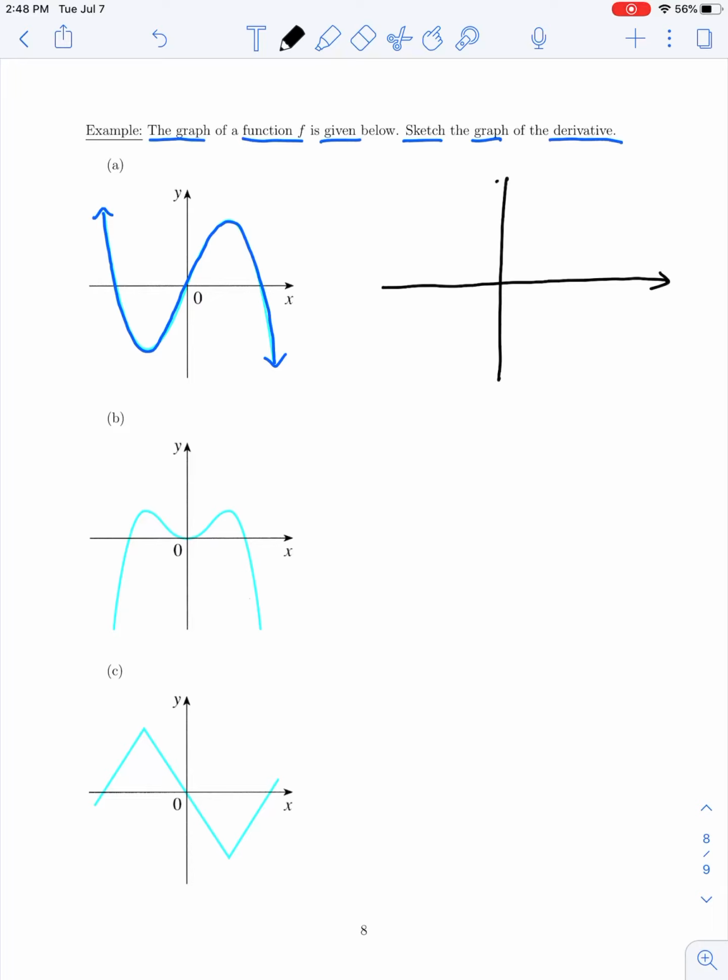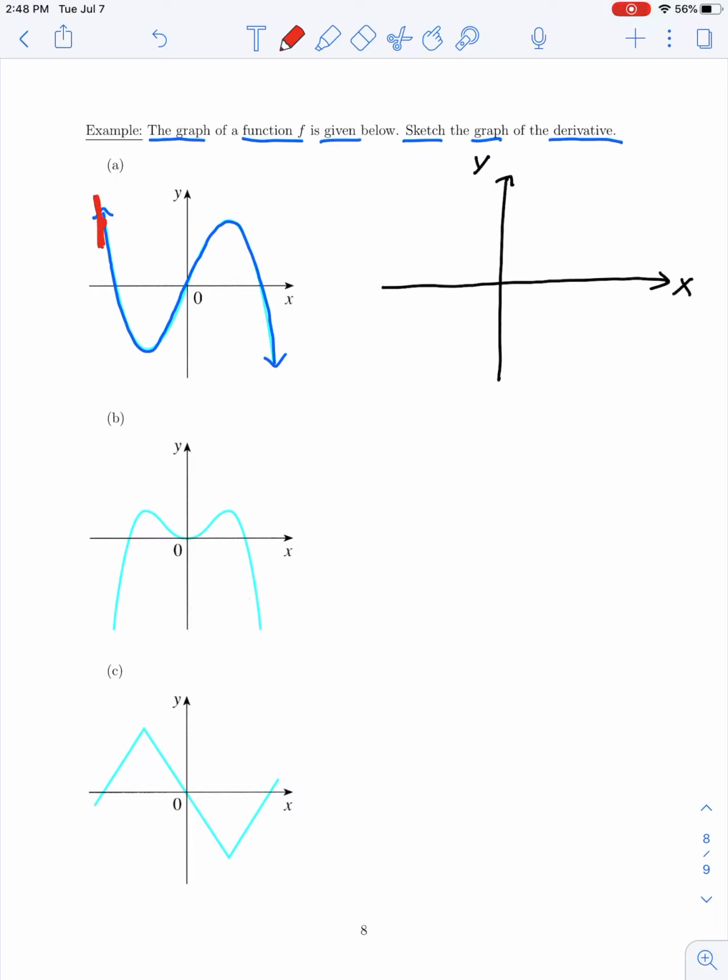Now we know that the derivative represents the slope of the tangent line to the graph of this function at a point. So as we move along the x-axis from left to right for this figure, let's sketch little tangent line segments along the length of this curve. So when I start maybe choosing a point on my curve here, we see that the tangent line would be the line passing through that point, which has this slope.